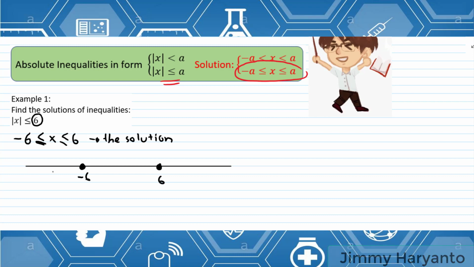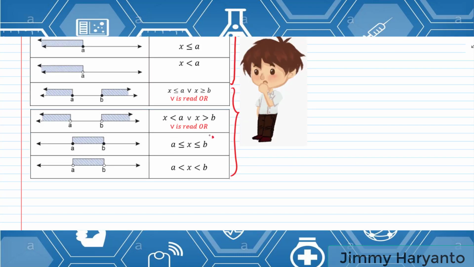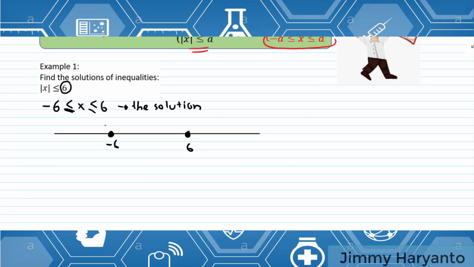I will show you right here. Negative 6 less than or equal to x less than or equal to 6. The drawing should be like this, the rectangle one. Okay, that is the number line. You get it? No? Okay, that's fine.